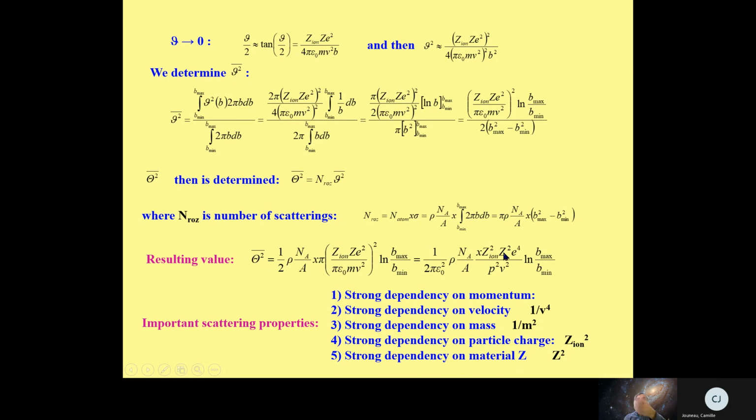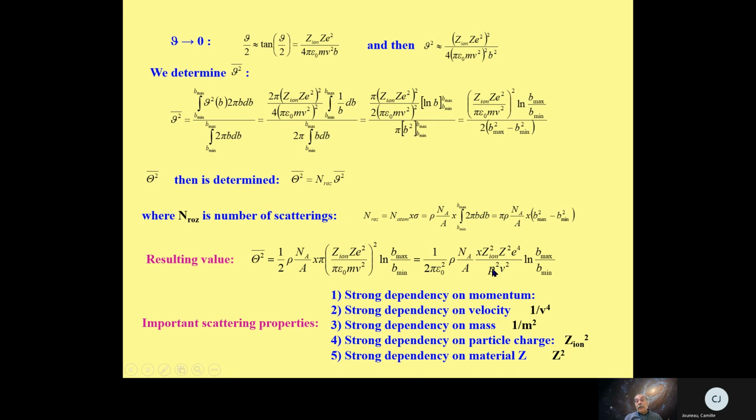That means the nuclei, again, here is a square and here is a square. This is because this is Coulomb interaction. And it is inversely dependent on the square of velocity, because momentum is mass times velocity. That means here is velocity squared and here is also velocity squared.